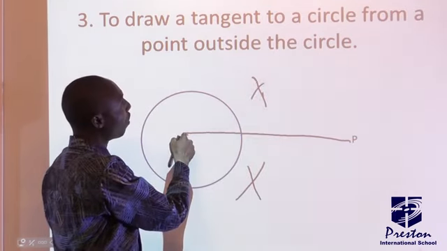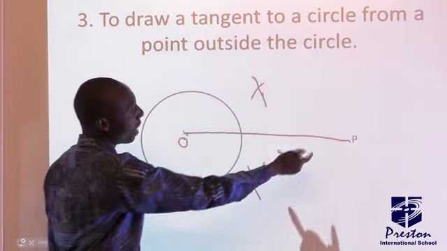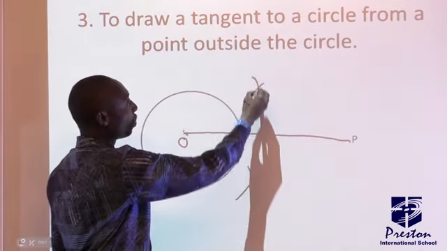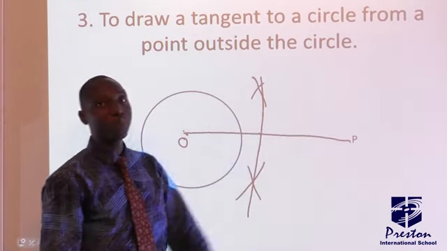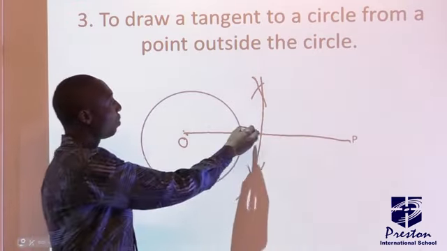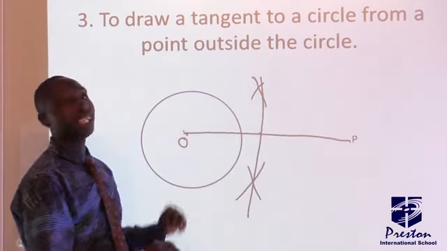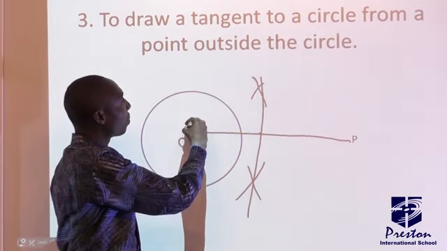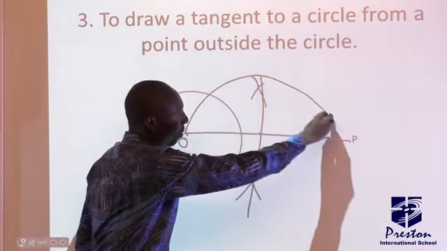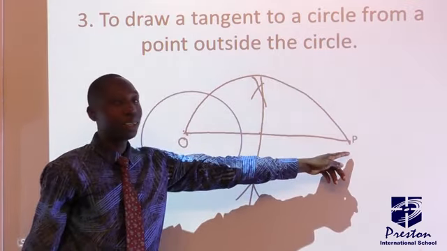When you put your compass at this end, at any convenient radius, draw an arc up and down and bisect it with this one. So you draw the bisector to get the midpoint of O and P. After that, with this midpoint, draw a semicircle to join O and P, cutting the circumference of the circle.